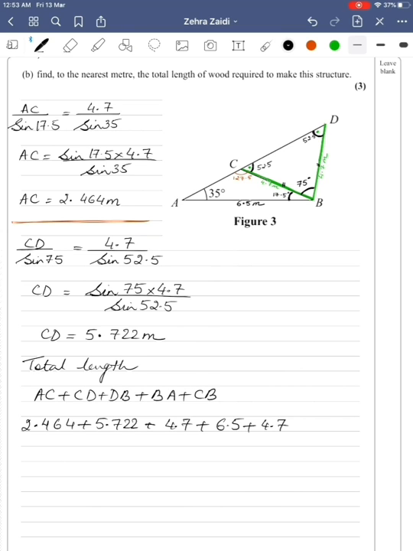Adding all, we get 24.086 meters. Now we need to give the answer to the nearest meter. Alright, so our answer is 24 meters. Alright.